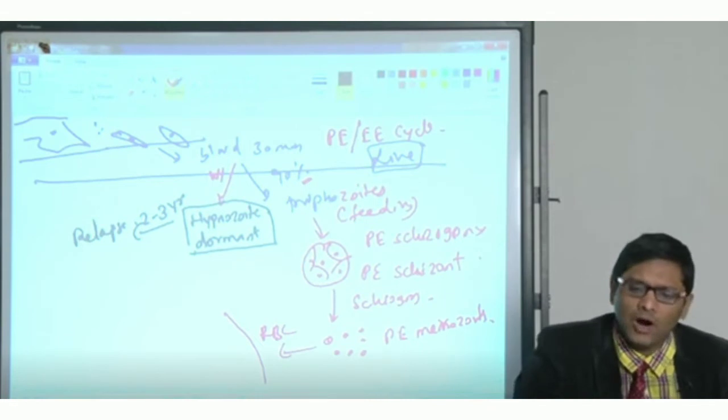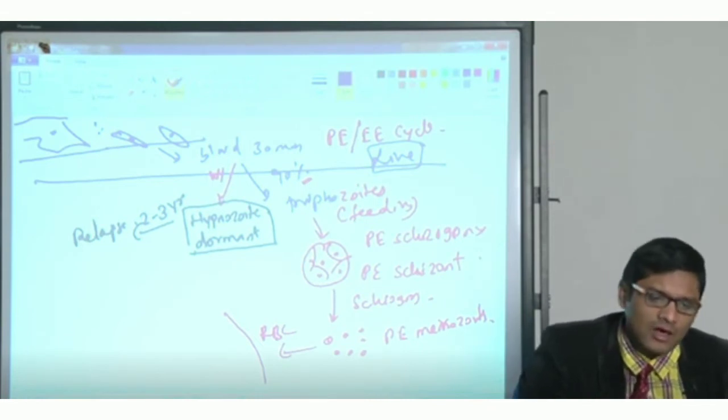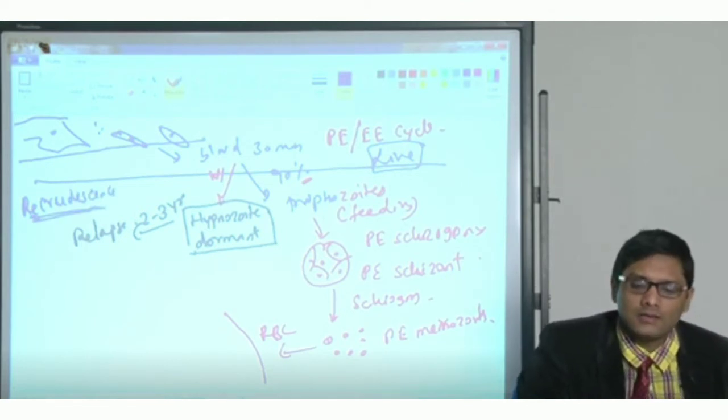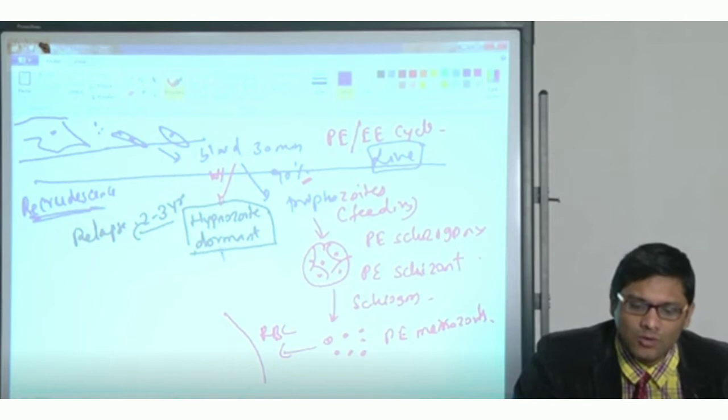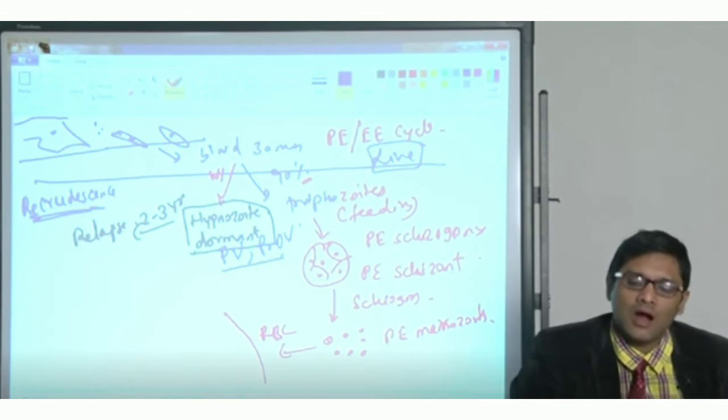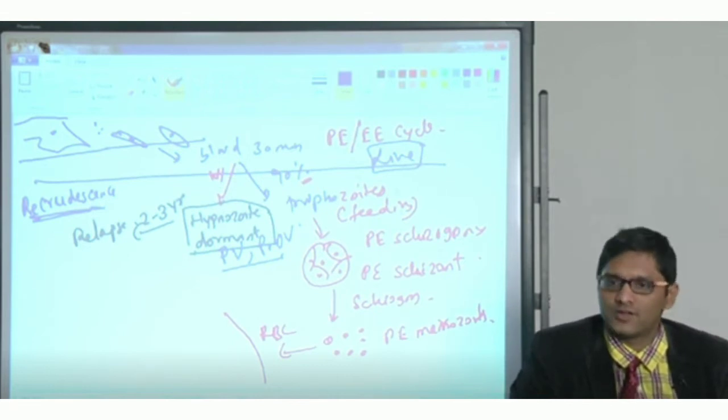And can you tell me how relapse is different from recrudescence? Please remember, this hypnozoite stage is seen only in V for vivax and ovale. Only vivax and ovale, 10% will become hypnozoites. Falciparum all will become trophozoites. There is no hypnozoite in falciparum.